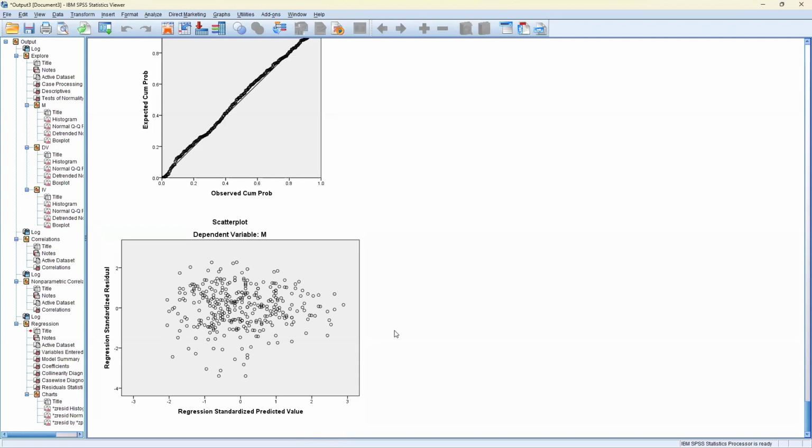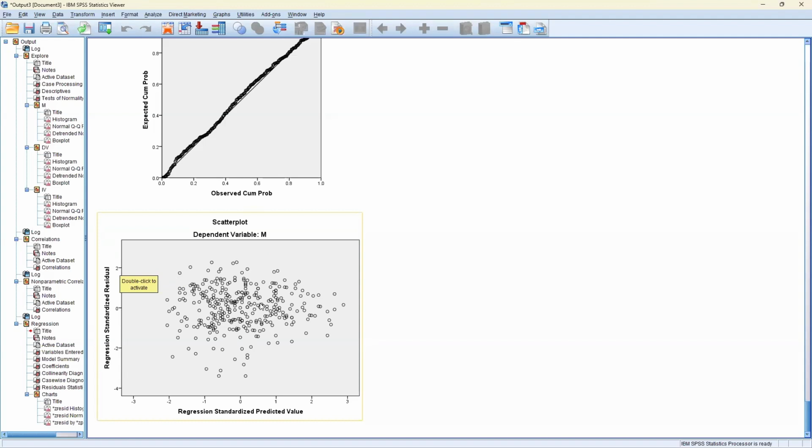Both of these assumptions can be met if the data points in this scatter plot are distributed in a random pattern. That means that you don't see a specific shape in it. For example, they are not focused on a specific corner, and you can see they are distributed all around the screen.